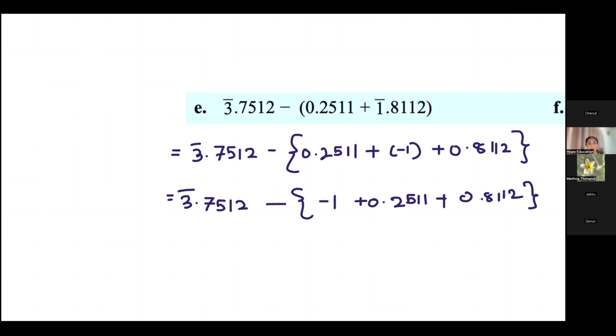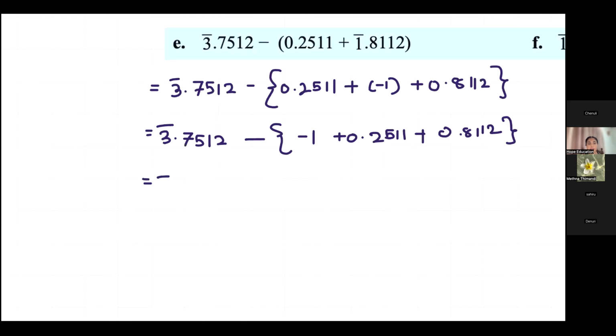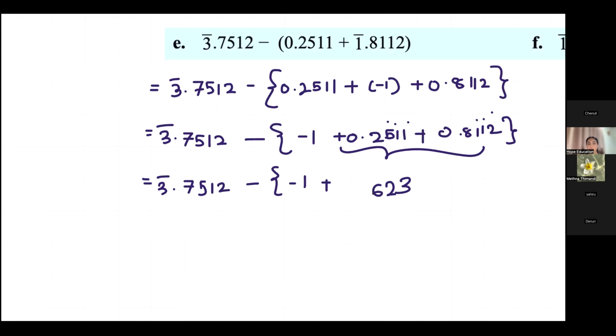Okay. Bar 3.7512 minus, may minus 1 we will add these two. So 1 plus 2 is 3, 1 plus 1 is 2, 5 plus 1 is 6, 8 plus 2 is 10, 1 remaining, that 1 is moved here.